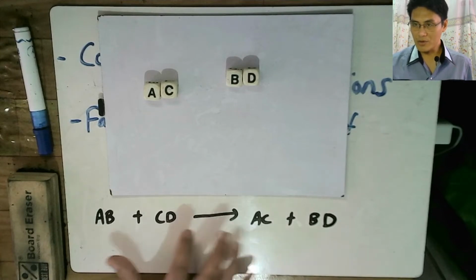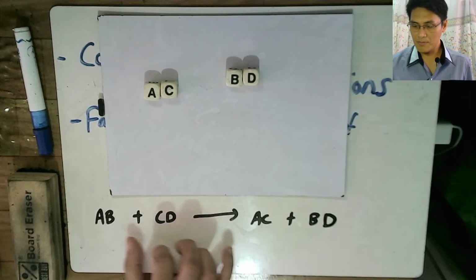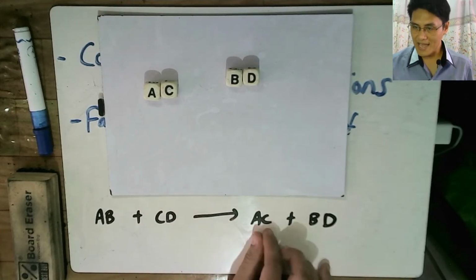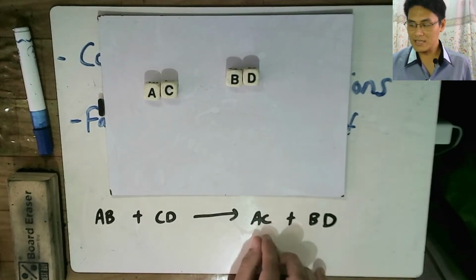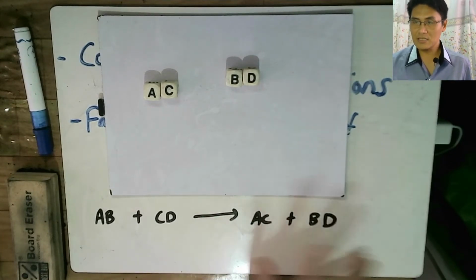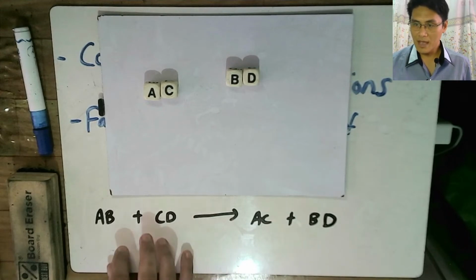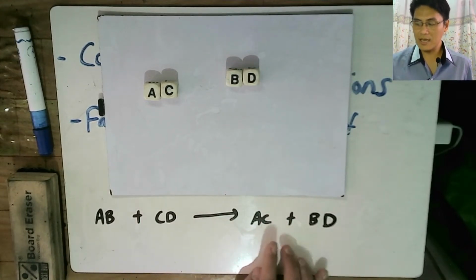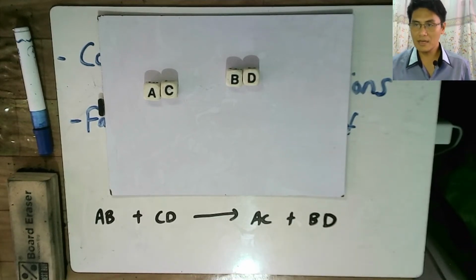And then they must rearrange. So A is now paired with C. B is now paired with D. And then the third step, they have to create new bonds. And that bond would bind together A and C and B and D. So in this case, you now have a complete chemical reaction that took you from the reactants AB and CD, and you produce the products AC and BD, right? So that's the idea of a chemical reaction.